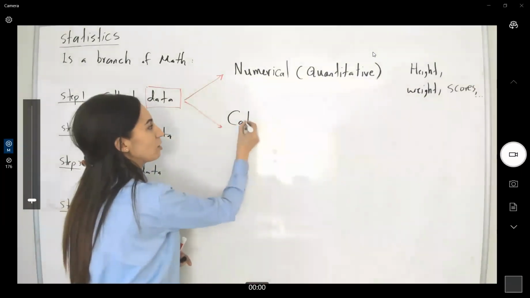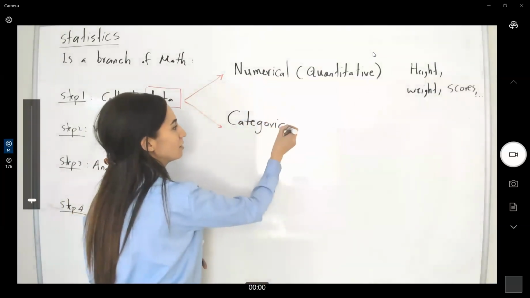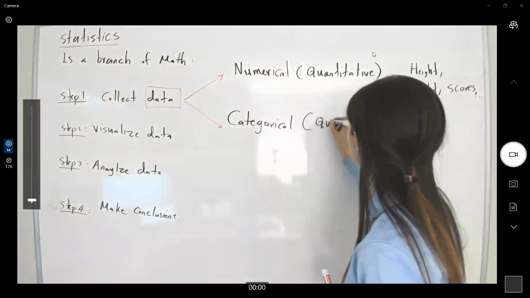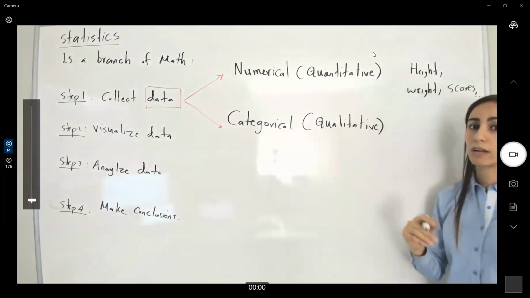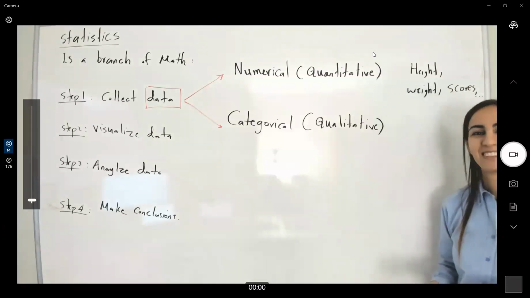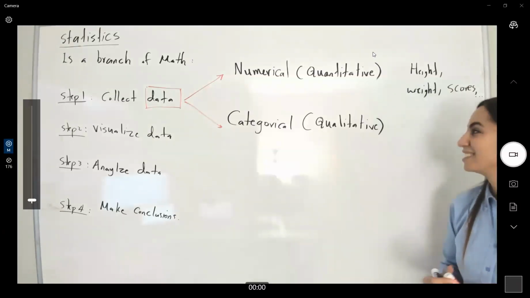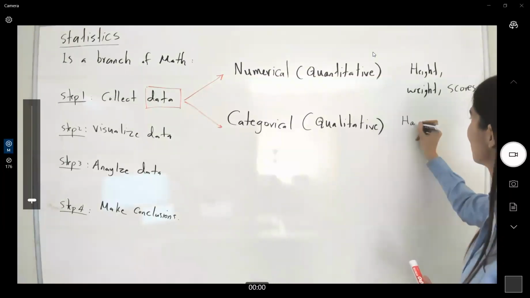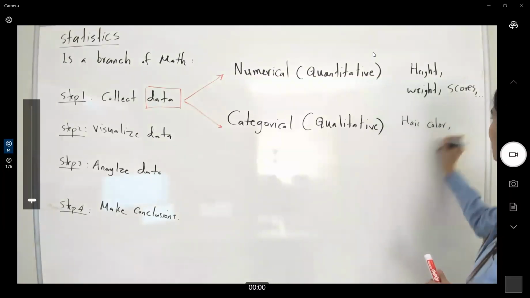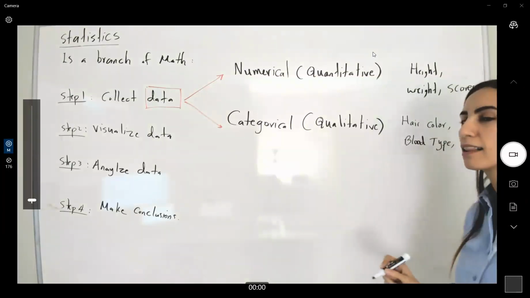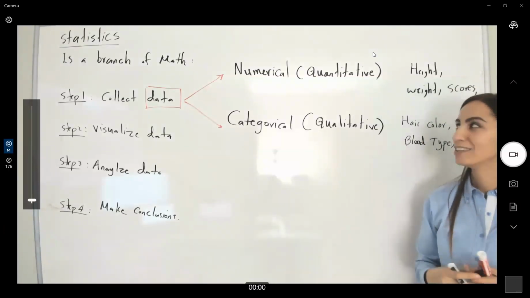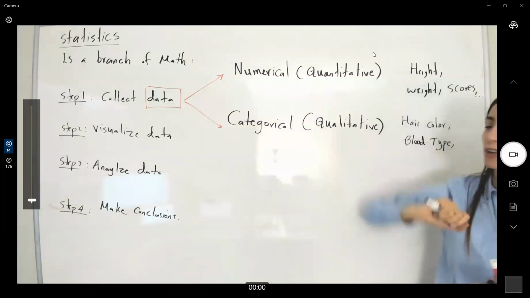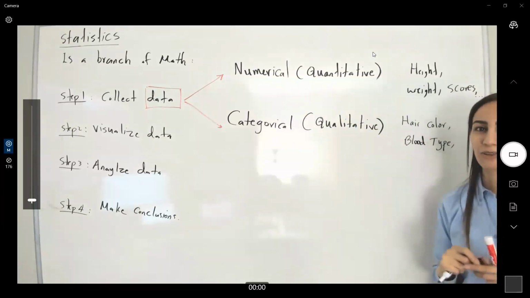So categorical or qualitative. Like what? Like hair color, blood type. Well, there are some numerical data that are not part of quantitative categories.